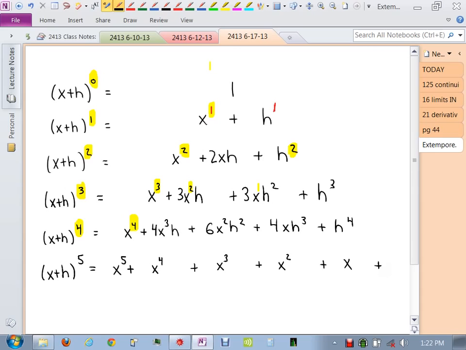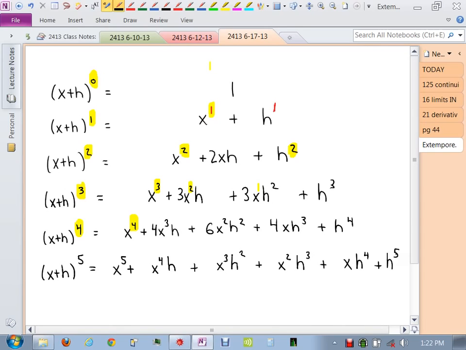What about the h's? No h's on that first one, right? But then an h next to the x to the 4th, then an h squared next to this one, then an h cubed, then an h to the 4th, and then h to the 5th. Does everyone see that pattern?